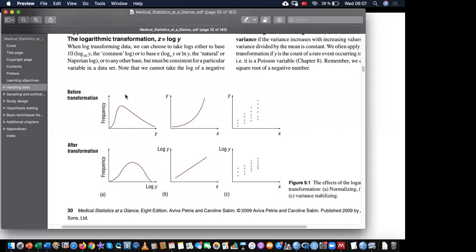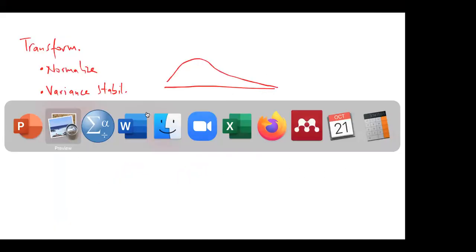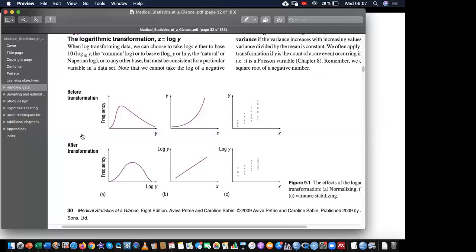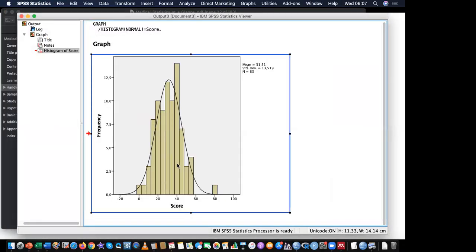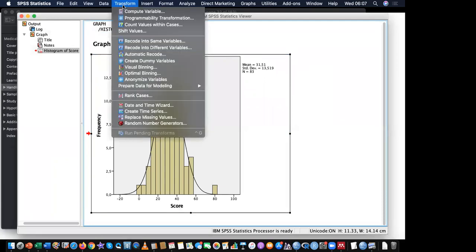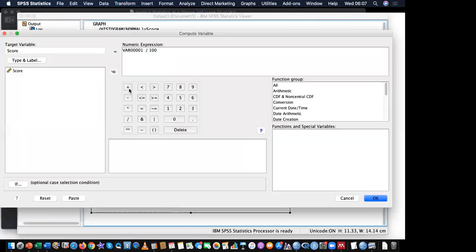This was right skewed, and this is after logarithmic transformation. We don't have right skewed data here. We have symmetrical data. Let us do a logarithmic transformation. Compute, I will calculate.